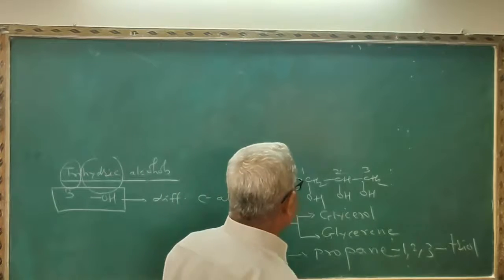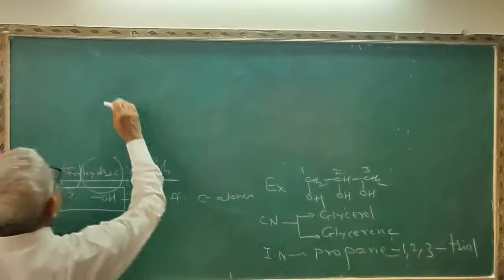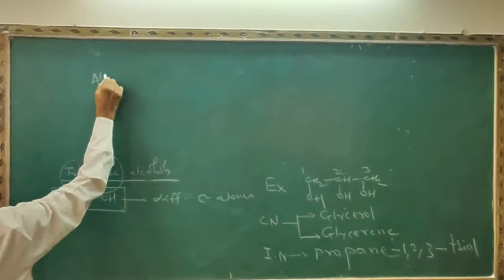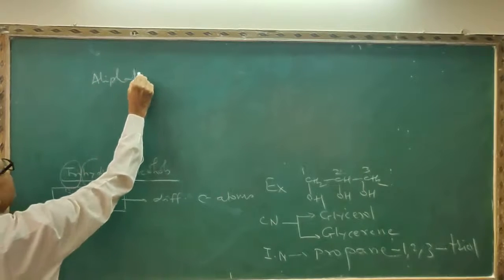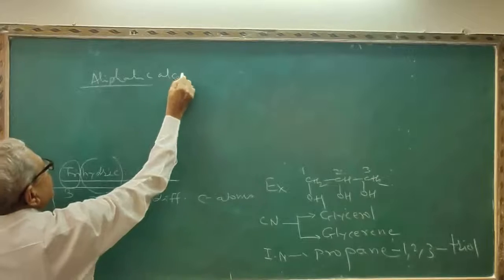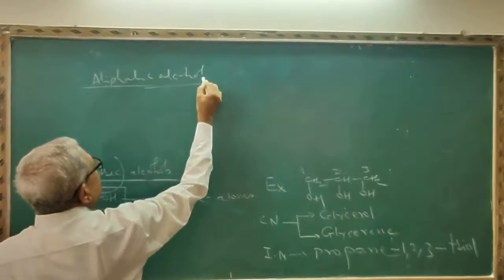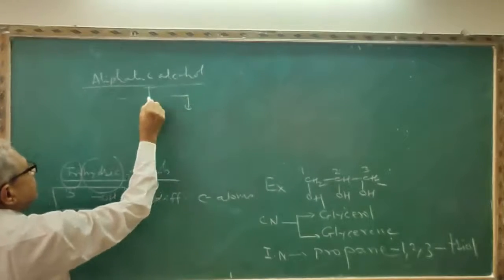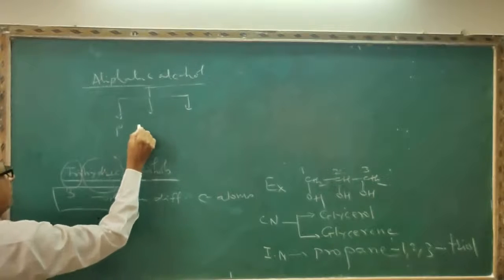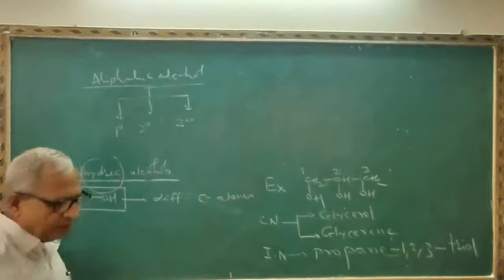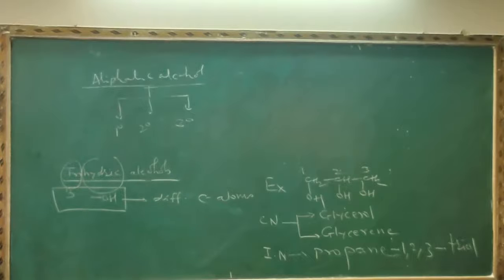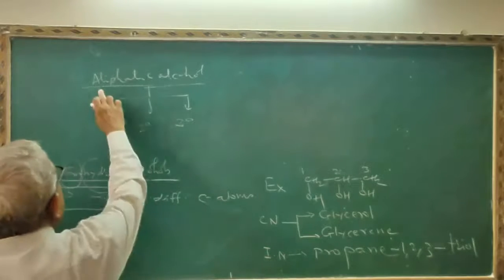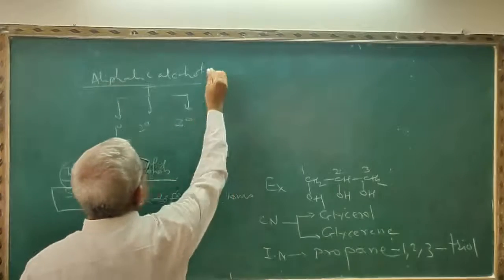Now I will set the question on the aliphatic alcohols, which we learned in the monohydric alcohols. Aliphatic alcohols are classified into 3 types: primary, secondary, and tertiary. Yesterday you learned in detail. Now I will set the question here on the trihydric alcohol, that is aliphatic alcohols and trihydric alcohols.